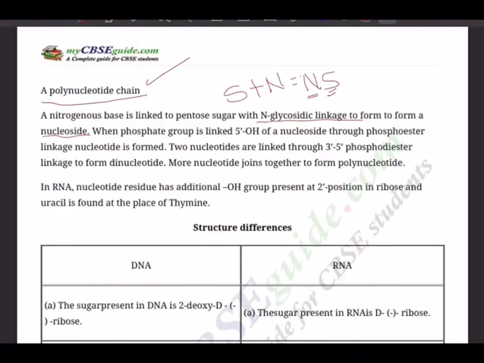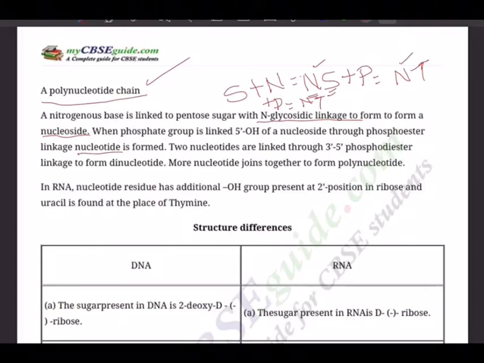When a phosphate group is linked at the 5' position, the hydroxyl of a nucleoside, through phosphoester linkage, a nucleotide is formed. To this we add P, the phosphate group, then it becomes NT, nucleotide, or we can simply say NS plus P becomes NT. So keep remembering this difference between nucleoside and nucleotide.